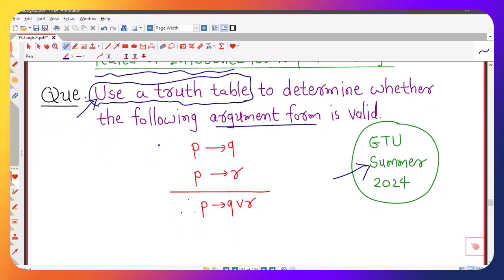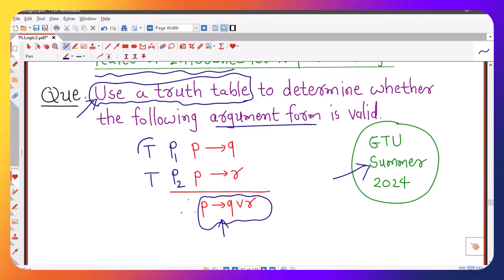Now we know that whenever we want to use truth table to determine the validity of argument form, we will check the rows or lines corresponding to premises. Suppose premises are denoted by P1 and P2, and we will find out all those rows in the truth table in which all the premises have truth value true, and we will check whether the corresponding truth values of the conclusion are also true or not.